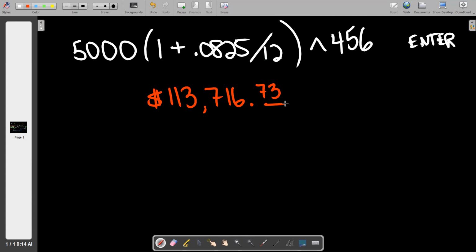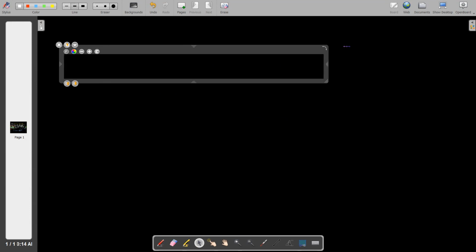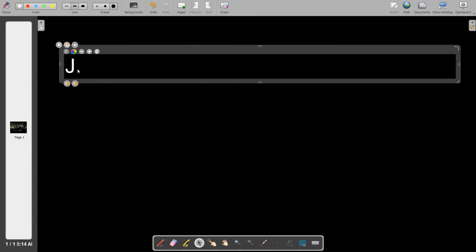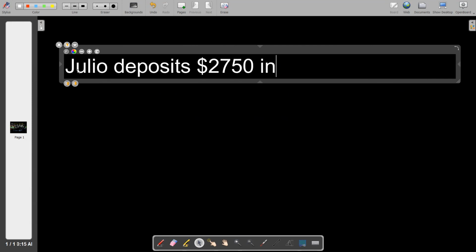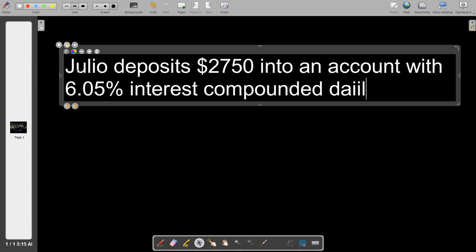Let's do another word problem, and then we'll get on the IXL after this. So, Julio deposits $27.50 into an account with 6.05% interest compounded daily.